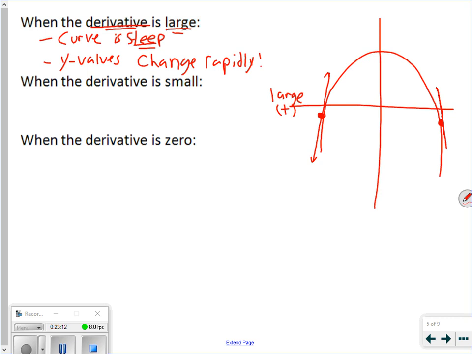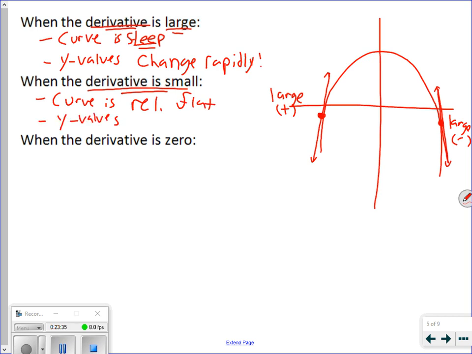It's just very large in the negative direction. So this would be a large or steep negative slope. What about when the derivative is a small number? We'll think of it the opposite. The curve is relatively flat, or the y values change slowly.